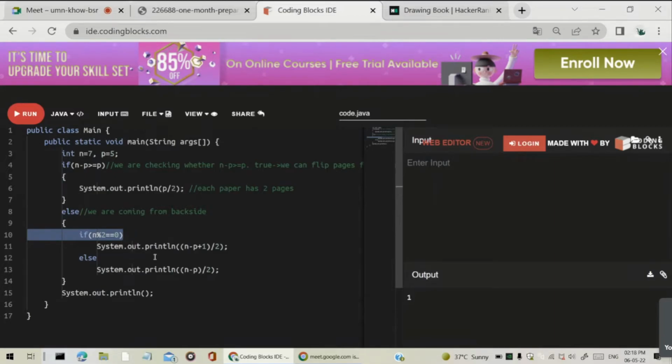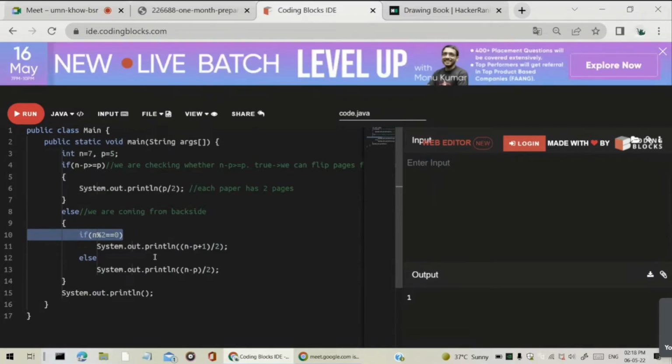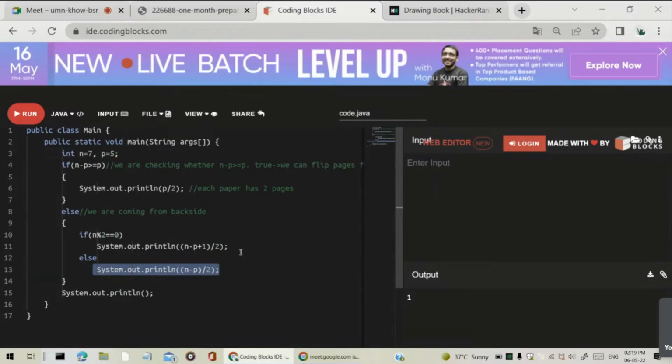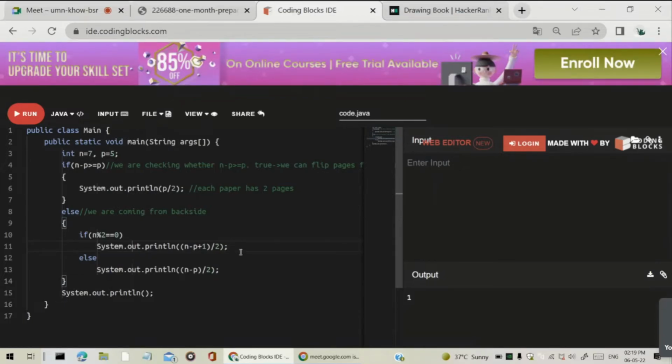So the condition will fail because 7 is odd, right? Then it comes to n minus p, which is 7 minus 5, equal to 2, and 2 by 2 equals 1. So from the back side we are flipping one page in order to get page number 5. So this is how it works from the front side and back side. We can also write this code in an optimal way as well.